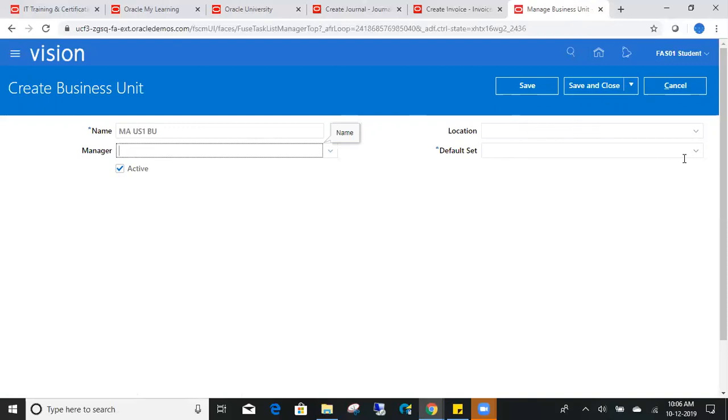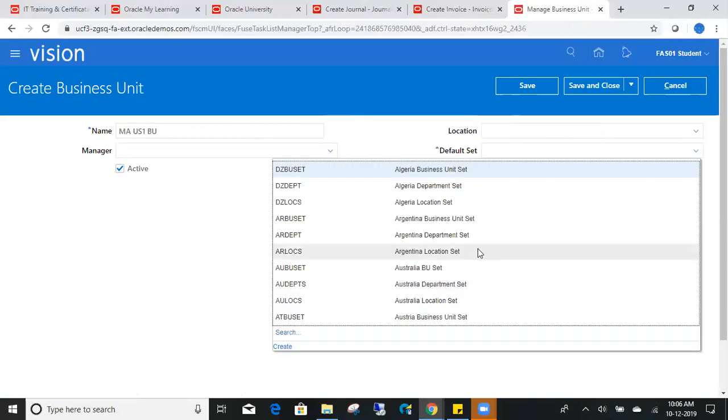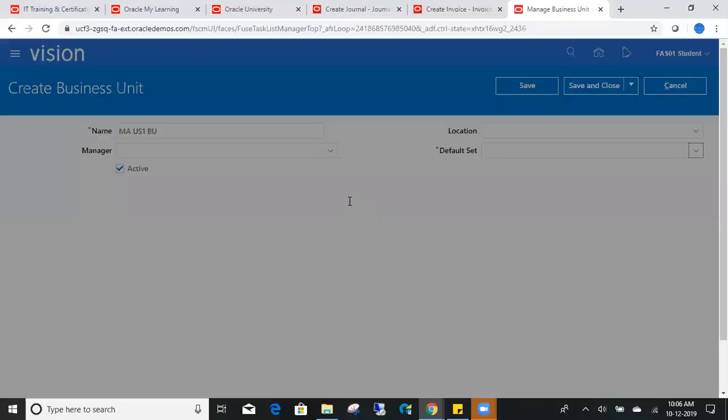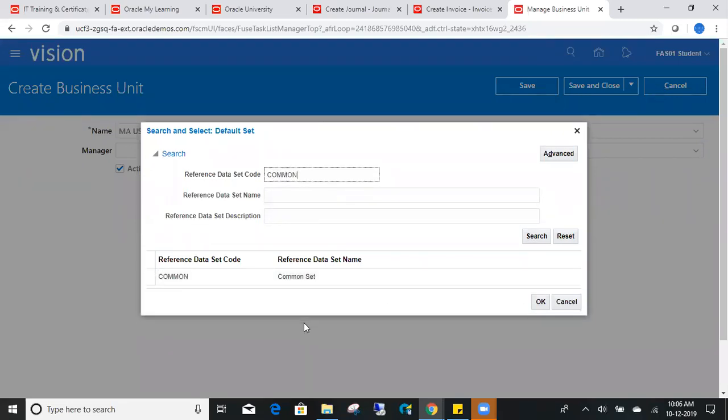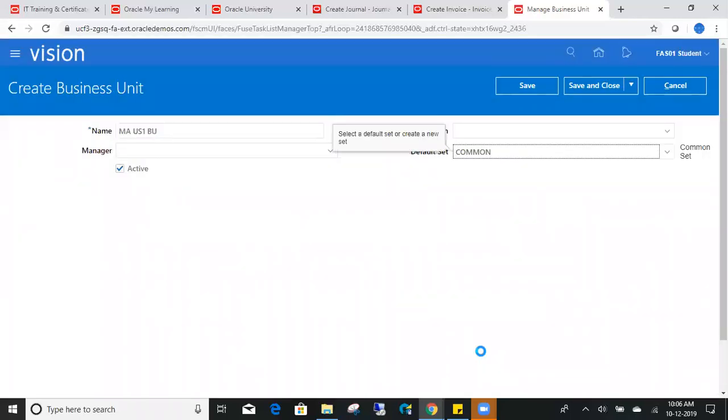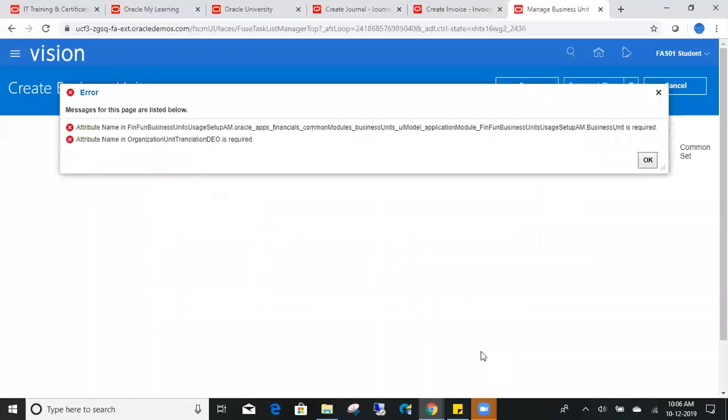Okay. So if you are checking it, there are many sets they have created. The Oracle Fusion default ones are the common set and the enterprise set. That means this common set is common to all your business units.